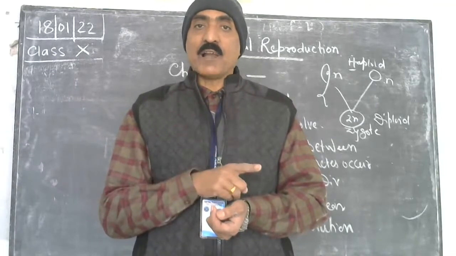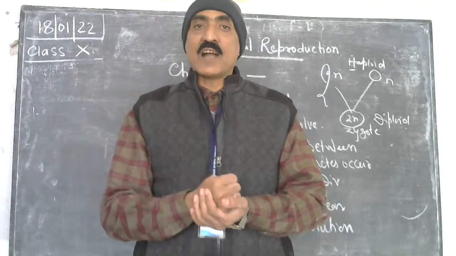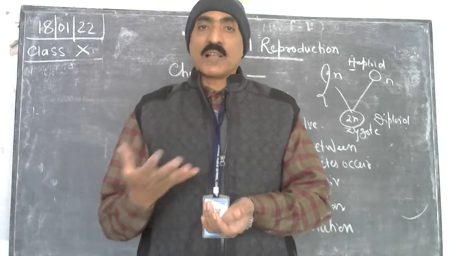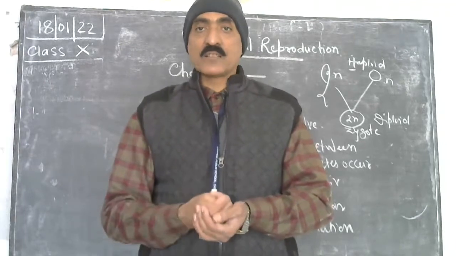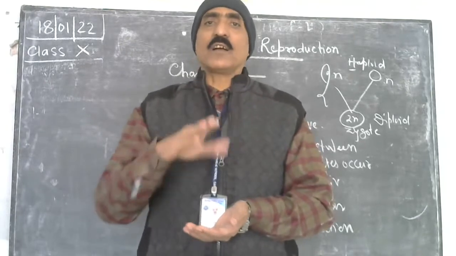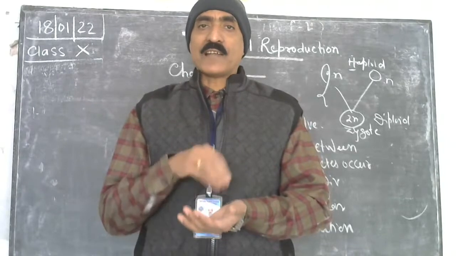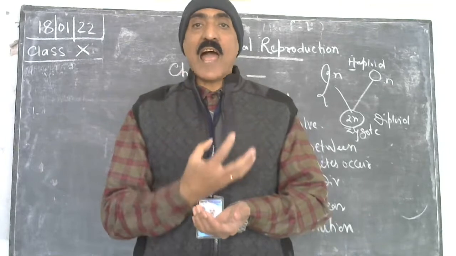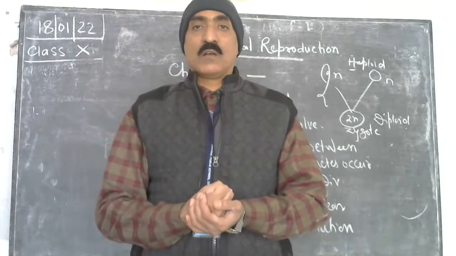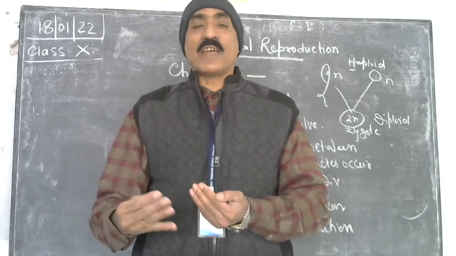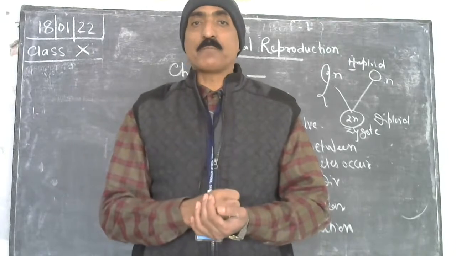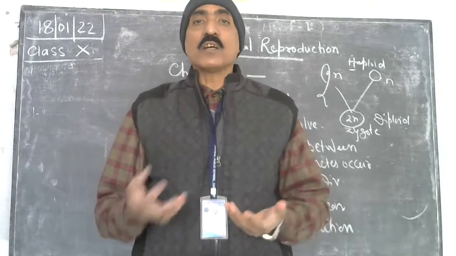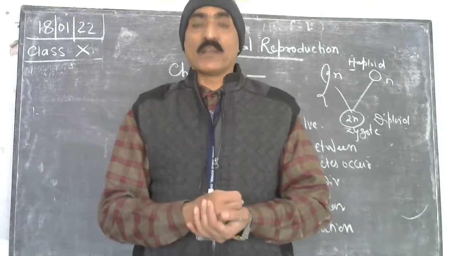Fertilization in such animals, like reptiles, like lizard, snake, crocodile, tortoise, or like the birds, everywhere in these communities, fertilization occurs internally, but the fertilized egg comes out, and then after the incubation period, it hatches out into chicks or young ones.